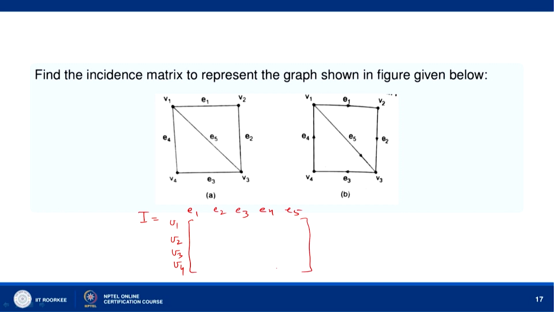So, we will have an n by m matrix. N is the number of vertices, so 4 by 5 matrix, 4 is the number of vertices, 5 is the number of edges.